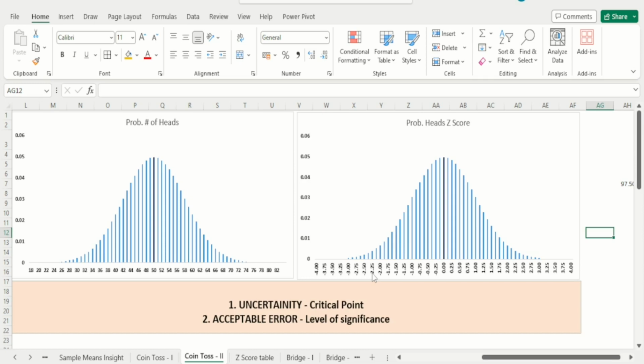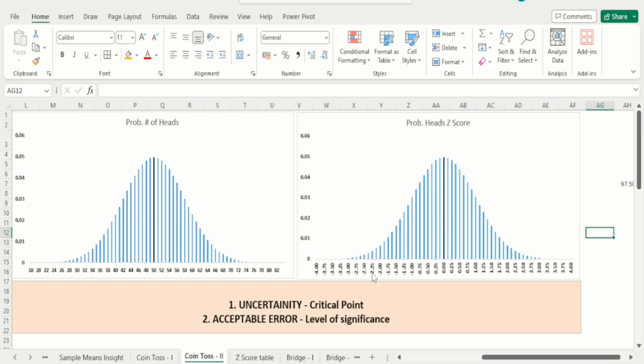That remaining 5% is the error margin, or the acceptable error that we are fine with. So when we look at hypothesis testing, especially the Neyman Pearson hypothesis testing that we're discussing today, this is known as the level of significance. The level of significance is nothing but the amount of error that we are willing to accept within the model.